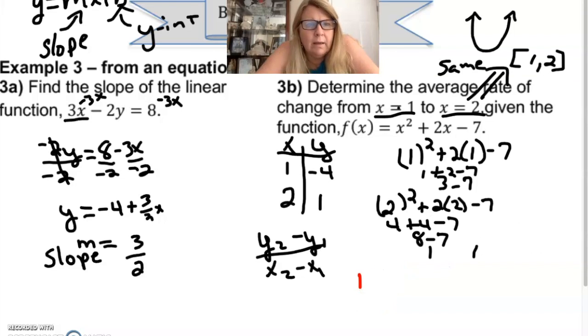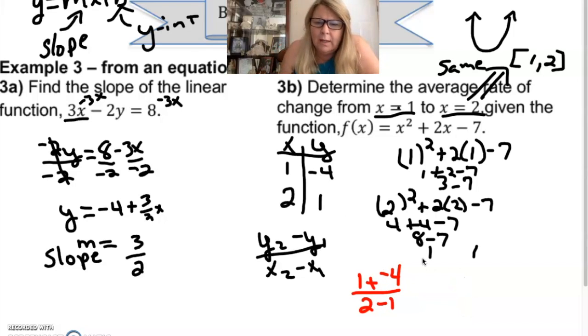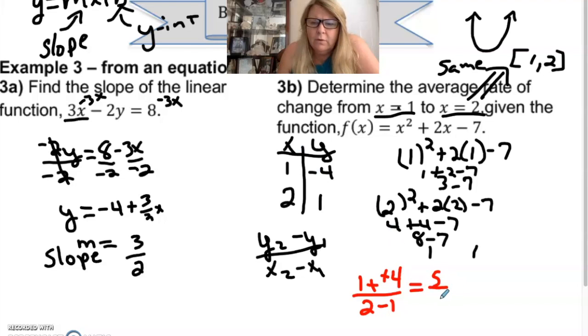So you would have 1 minus a negative 4 over 2 minus 1. And when you calculate that, you would change your signs and you would get not 5 over 2, but you would get 5 over 1. So your rate of change would be 5.